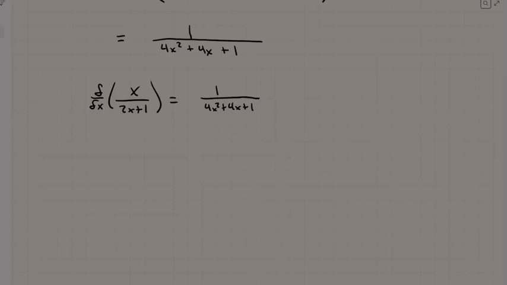And just as a side note, we'll come back to this in a little bit. This expression would just be mathematically equal to (2x plus 1 times 1 minus x times 2) divided by (2x plus 1) squared. We'll come back to that in a second.